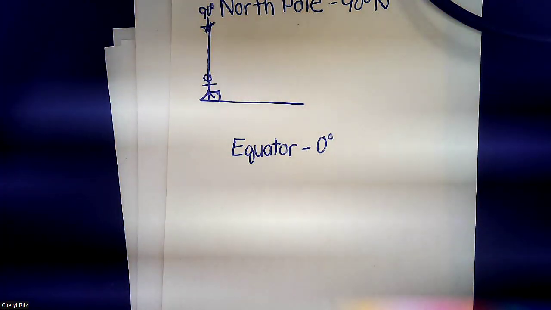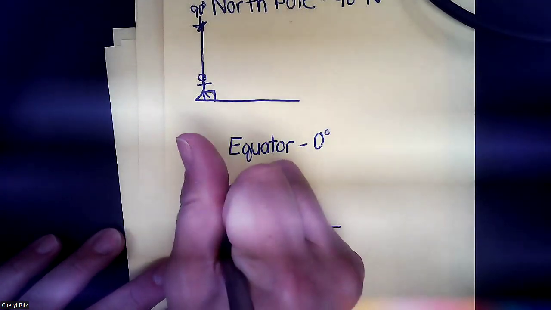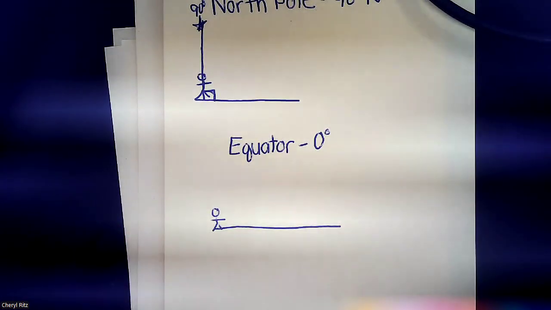So when Santa Claus is at the equator, where does he have to look to see the North Star? Now, it's not quite as easy as the North Pole to see, but if he was down here, I circled this spot right here. If Santa Claus was there and the North Star is here, he's got to look right along the earth to see the North Star.